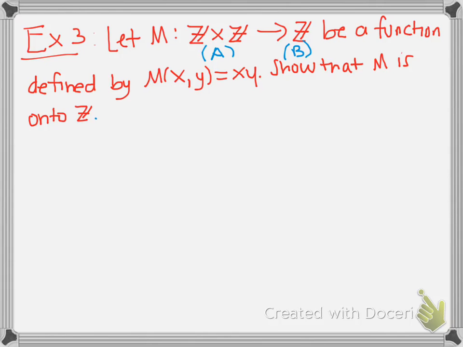Let it be a function defined by M of XY. So notice your domain is Z cross Z, so your inputs are ordered pairs, and your output is just a single integer. Keep that in mind. See how that domain relates to the range or codomain. Show that M is onto Z.